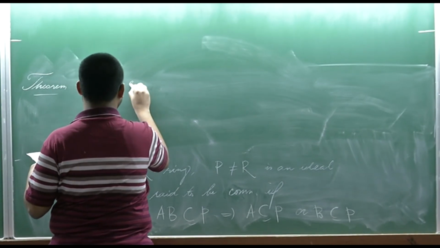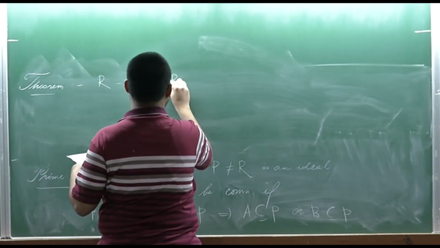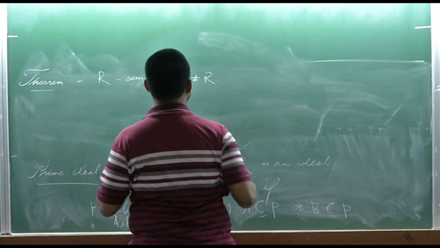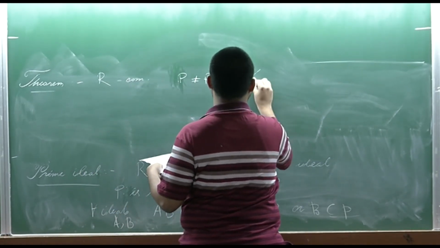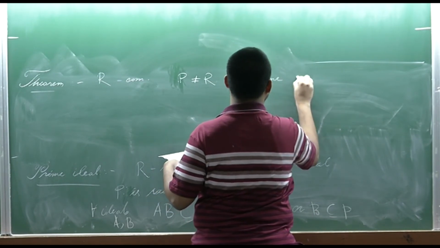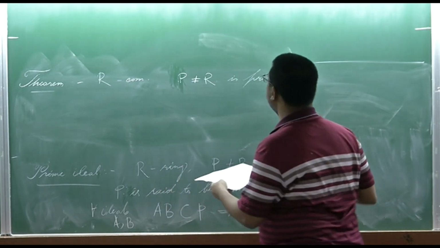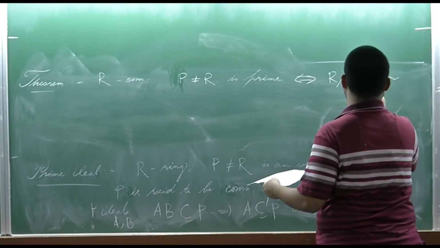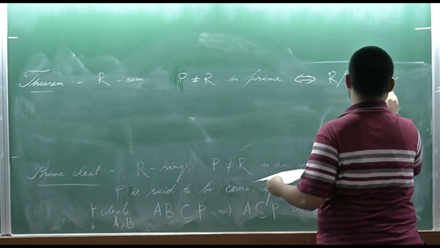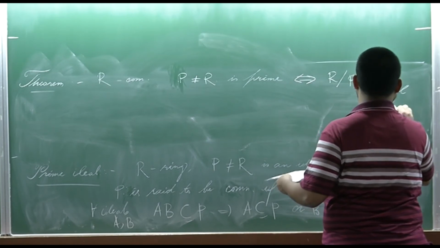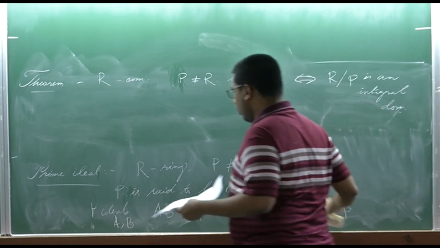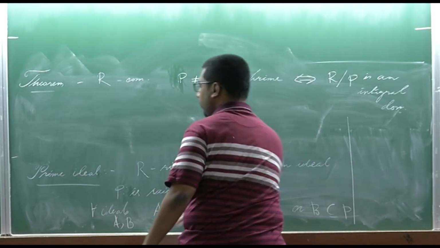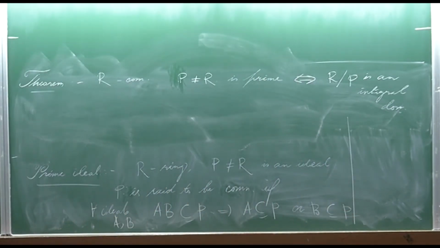Assuming R is commutative, P is prime if and only if R modulo P is an integral domain. Okay, before that I should have told you what I mean by integral domain. So, let me put down the definition here.